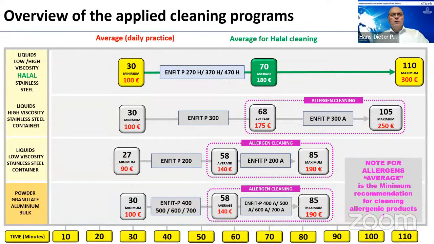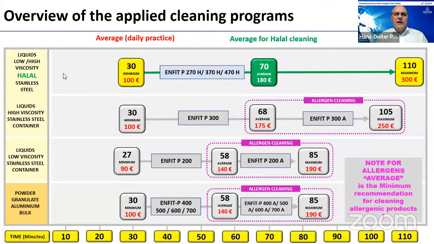Here you will find also an overview about maybe powder and granular on the bottom line. Then we have liquids with low viscosity, liquids with high viscosity, liquids with halal or kosher. And you can see these numbers in these boxes that are minutes.